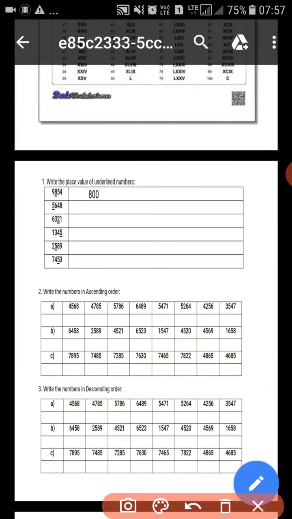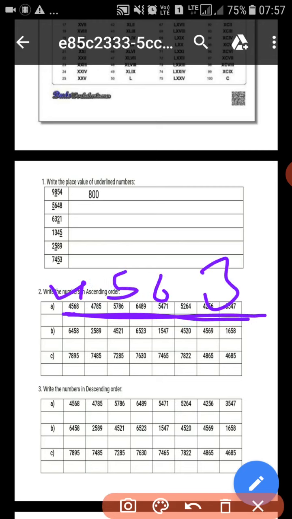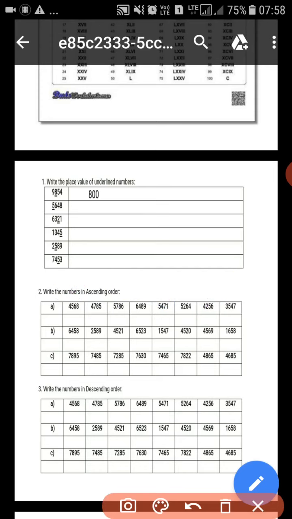So the first digits of these numbers are 4, 5, 6 and 3. Okay, so what is the smallest digit? It is 3. So firstly we will write this number.